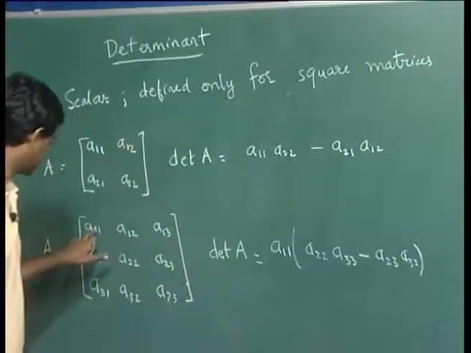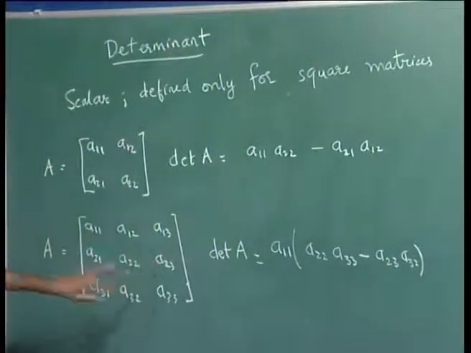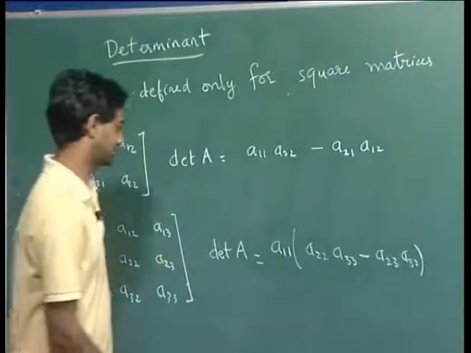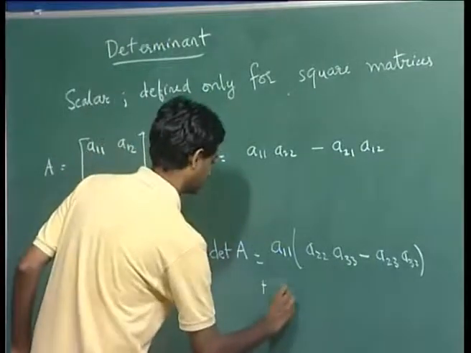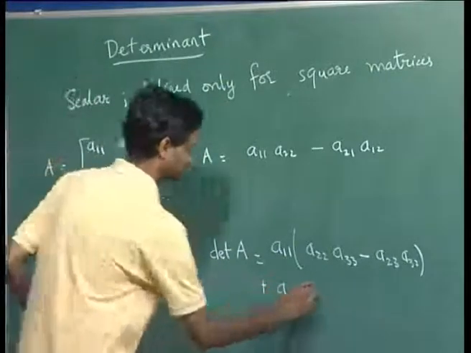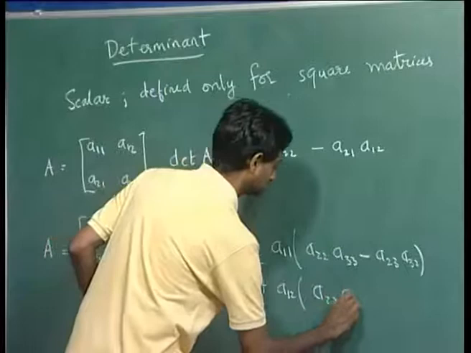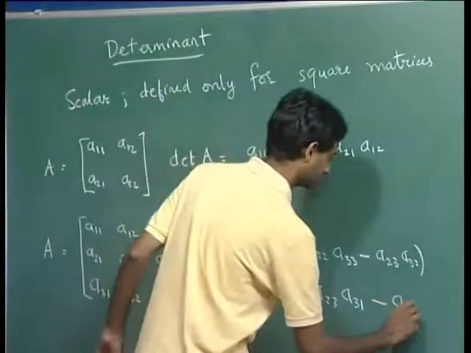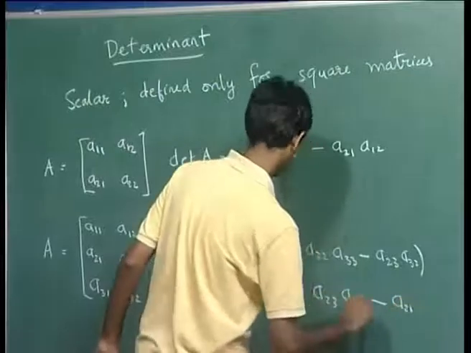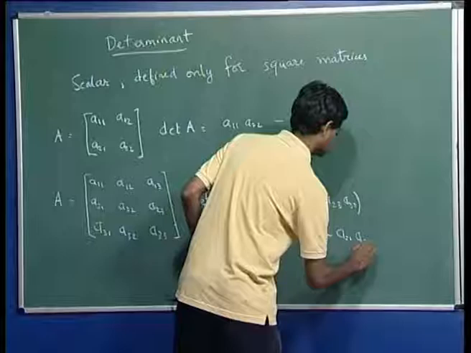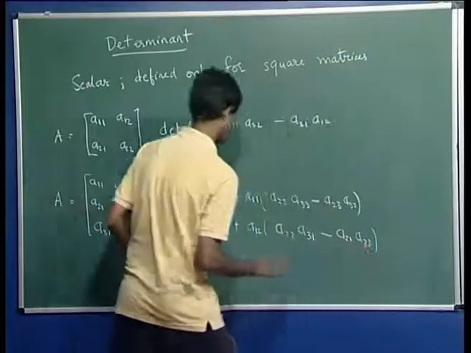So, we took this times the determinant of this matrix, then you take this times the determinant of this matrix. So, that is plus A12 times A23 A31 minus A21 A33.